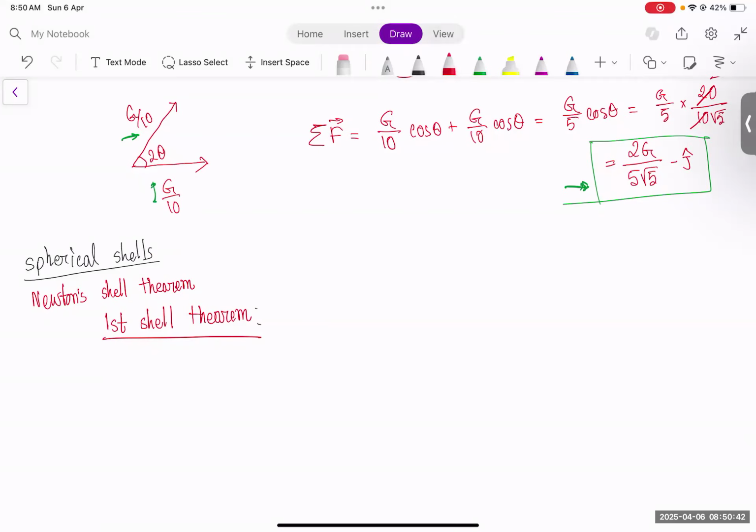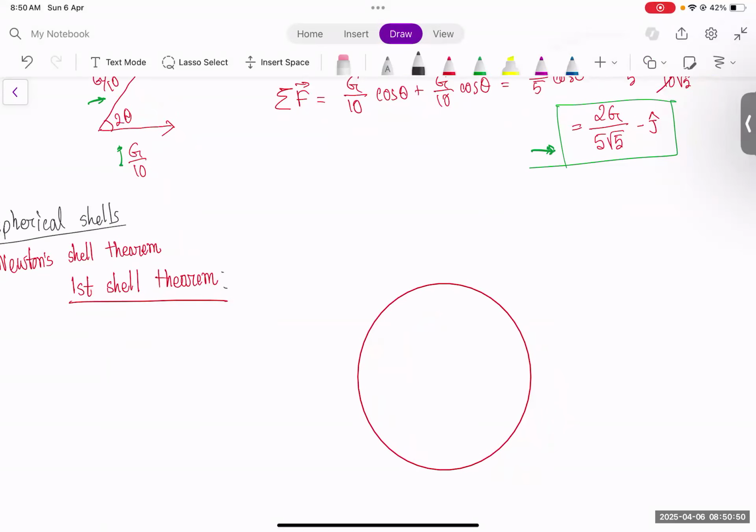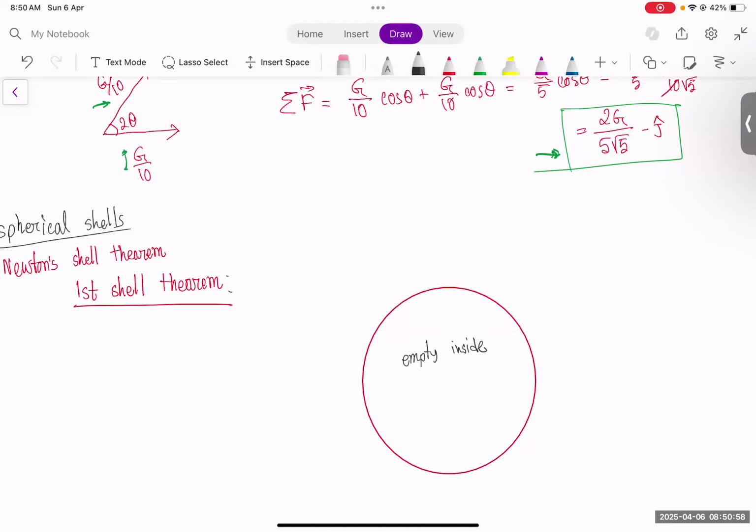The first shell theorem tells you that if you have a spherical shell, what do I mean by shell? Shell মানে হচ্ছে ভেতরে ফাঁপা, ভেতরে কিছু নাই. So the inside is empty. And আরেকটা কি? Mass uniformly distributed.